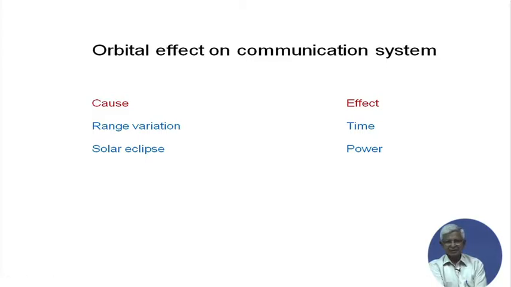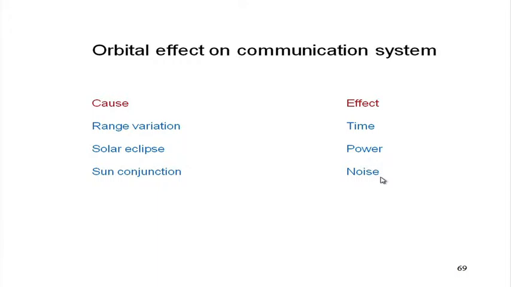Earlier, television and many other communications were not carried at local midnight time, but nowadays it is all a 24-hour service. So therefore this is very important, and larger batteries are launched along with the satellite to take care of the solar eclipse.